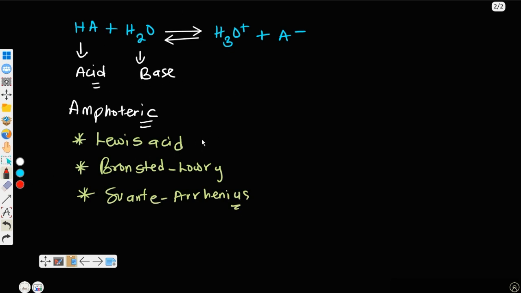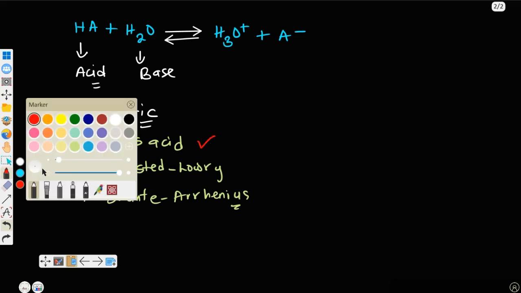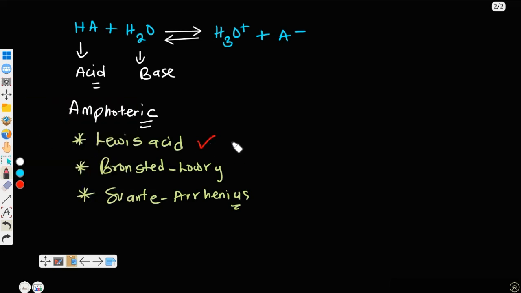Now, Lewis acids, you say they deal with what? Electrons. Hence, you call a Lewis acid an electron acceptor. Sorry about that, electron acceptors. While a Brønsted-Lowry acid is a proton donor.